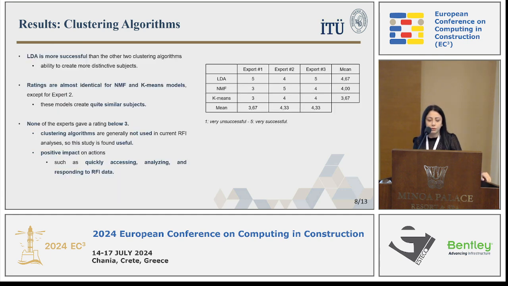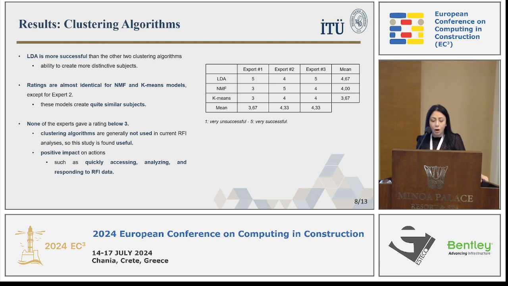Feedback was collected from 3 experts who have at least 5 years of experience in the construction industry. I asked them which algorithm provided the most suitable keywords and subjects for quickly accessing, analyzing, and responding to the RFIs. LDA was found the most successful because of its ability to create more distinctive subjects.